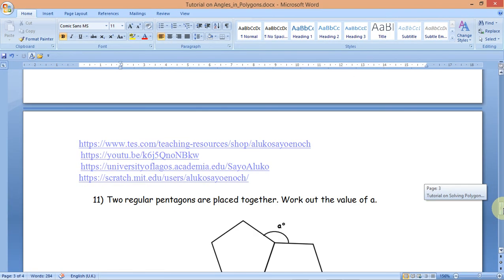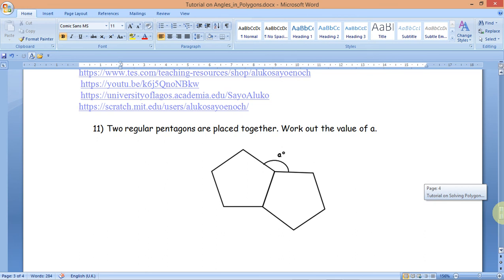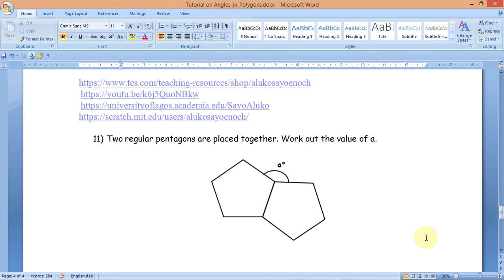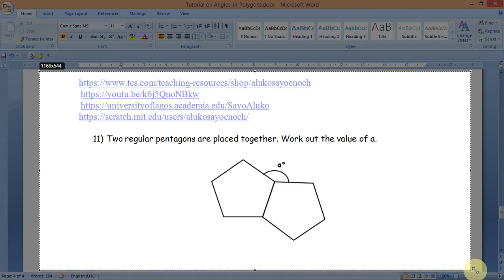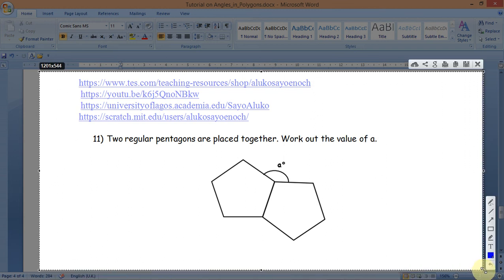So question 11. This question says two regular pentagons are placed together. Work out the value of A. Now guys, there are a lot of ways you can complete this task, but I will go the simplest way.